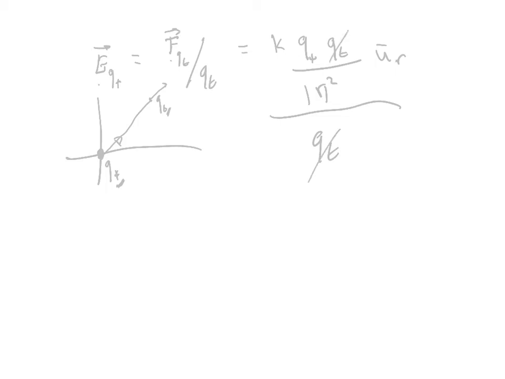So the electrical field produced by a point charge Q plus is K Q plus divided by magnitude of r square, u sub r.